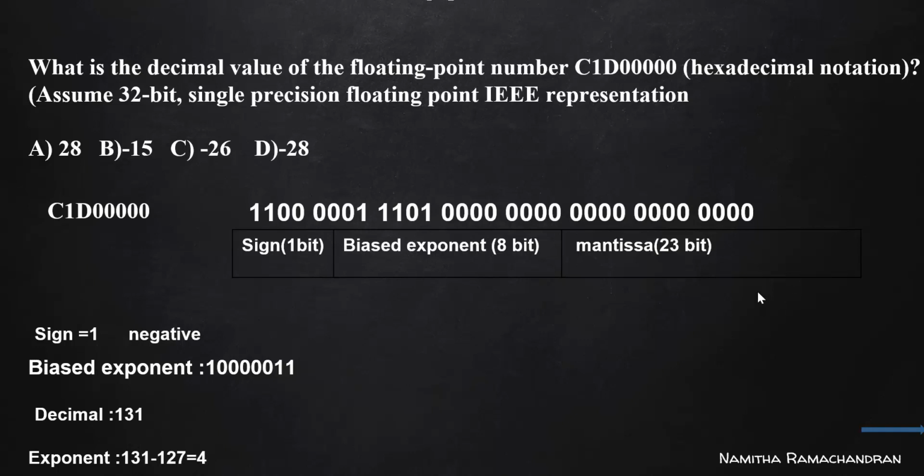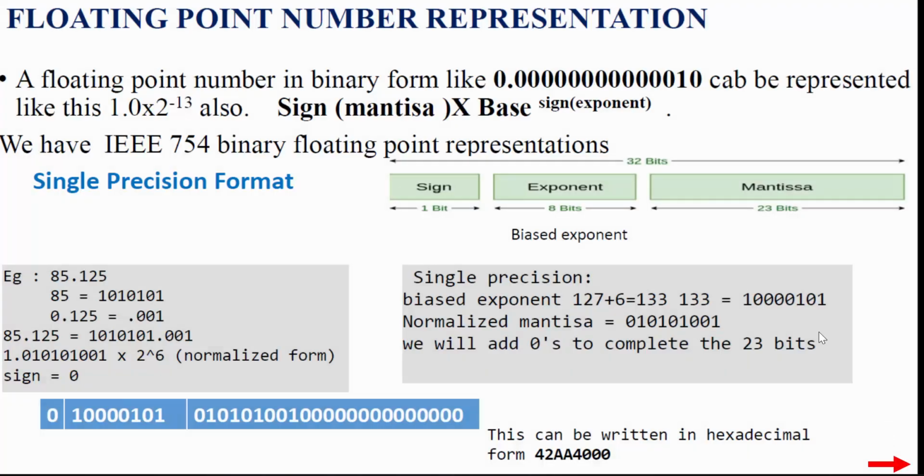Now we can consider the remaining part, that is the mantissa field. The remaining values are 101 and all zeros. But we need to concentrate on one point here.